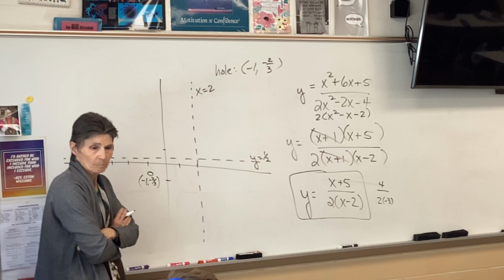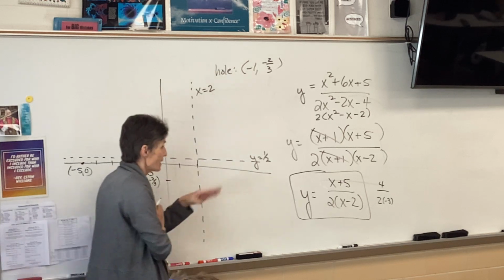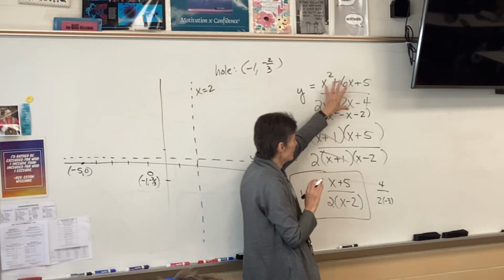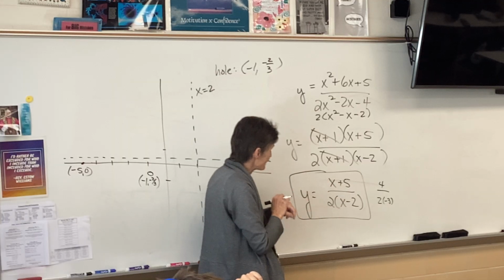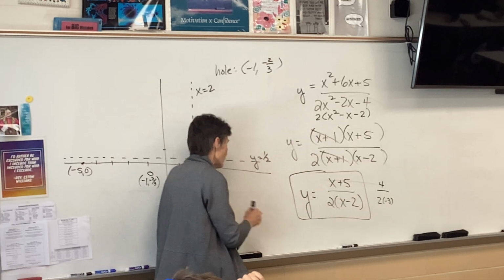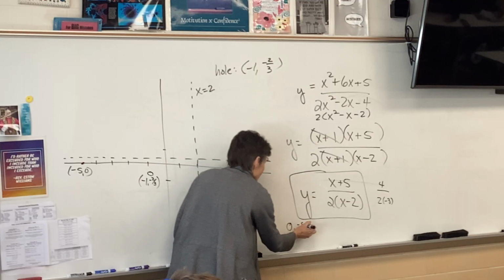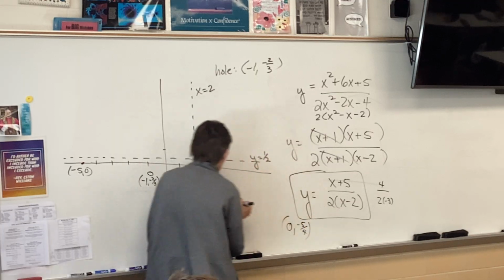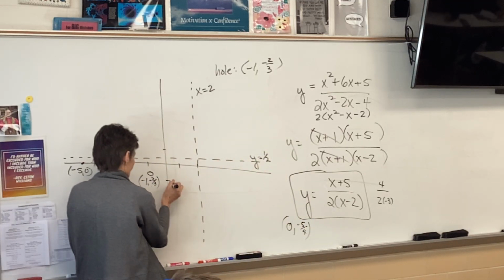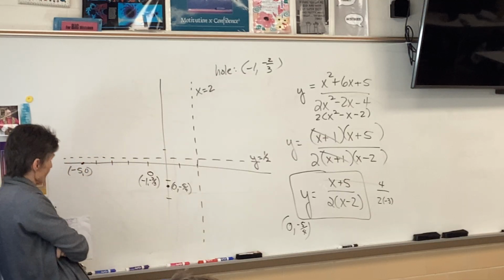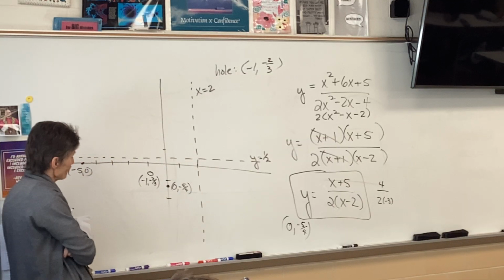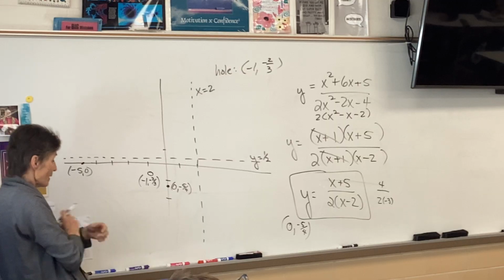Plug in 0 for x, and I can do that in the beginning, or I can do it here. It doesn't matter, it'll do the same thing. If I put in 0, it looks like I get -5/4. And that's it.